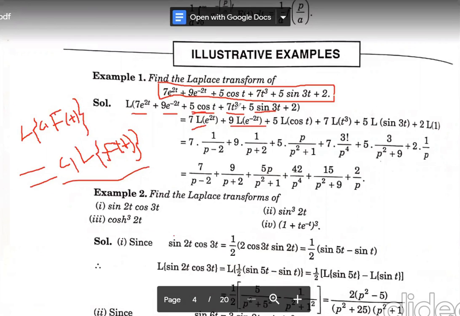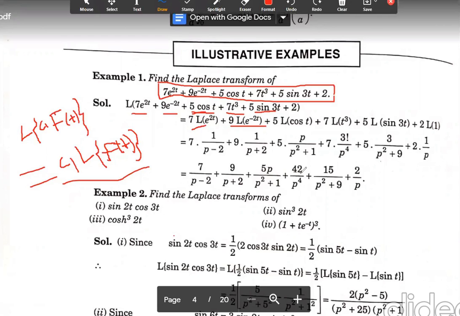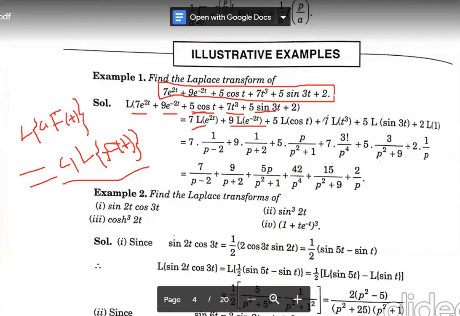Then 7 outside Laplace transform of t cube, plus 5 Laplace transform of sin 3t, plus Laplace transform of 2, or 2 into Laplace transform of 1, that is the same thing. Now you already know that the Laplace transform of e to the power at, that is how much?